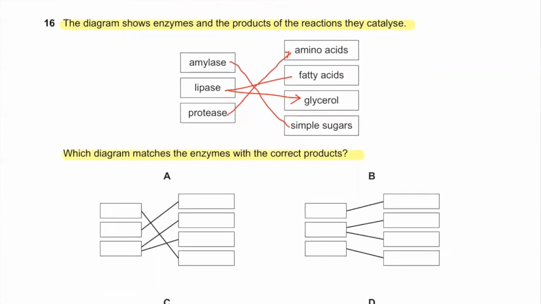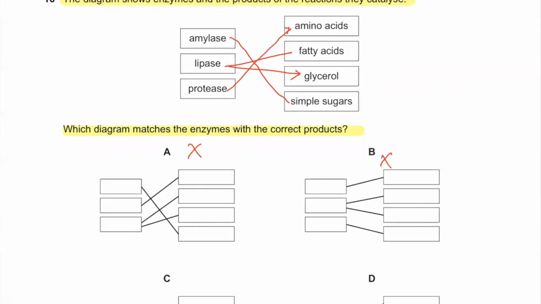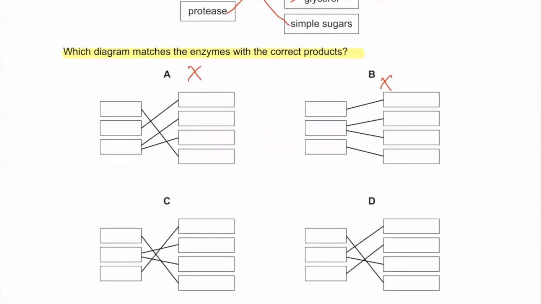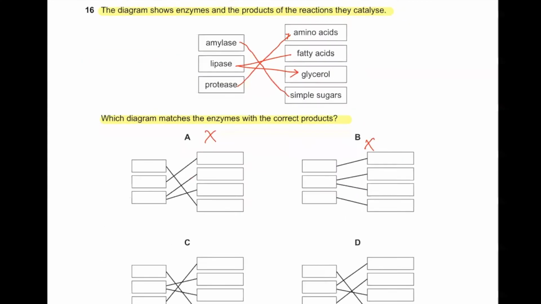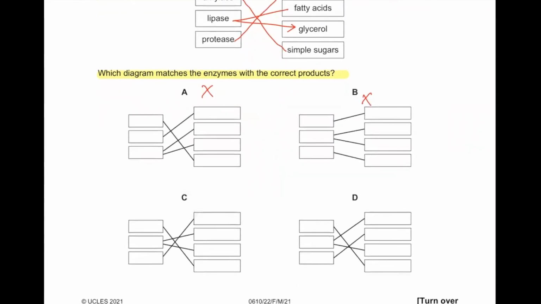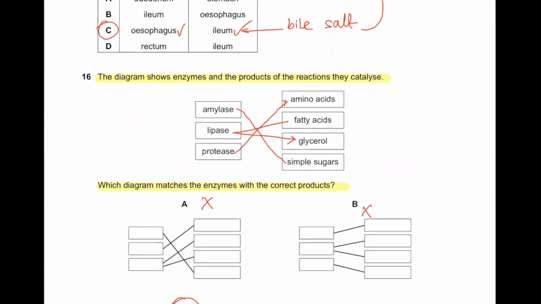According to the diagram that we have drawn, A doesn't match. B doesn't match. We can see C matches our structure. So C will be the correct answer, guys.